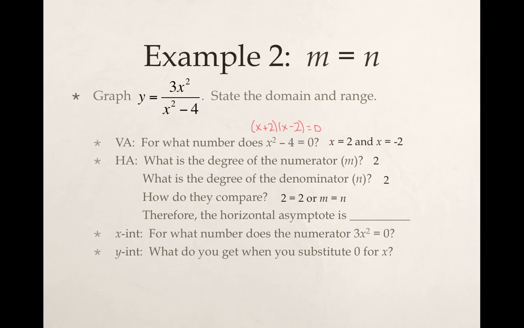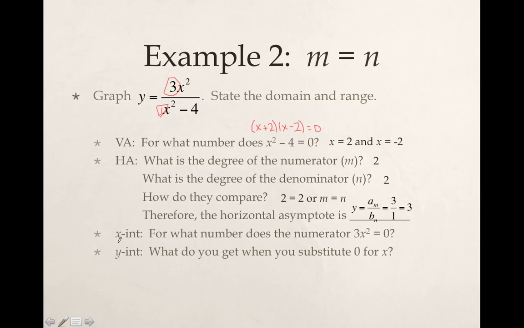And again, going back to our steps from the beginning, when m equals n, then the horizontal asymptote is the result of taking the leading coefficient from the top over the leading coefficient from the bottom, which in this case would really just be a 1. So 3 over 1 is just going to be 3, and my horizontal asymptote will be y equals 3.